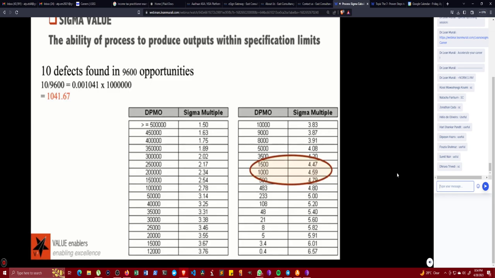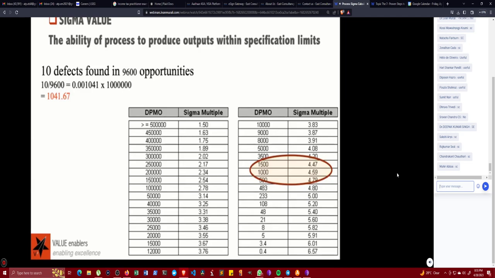The specification is 9.5 to 10.5 grams, and the machine consistently gives you chocolates between 9.5 and 10.5 grams. Is this example clear? Type SC super clear in the chat box.